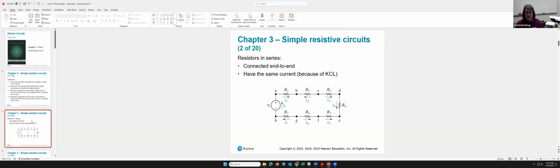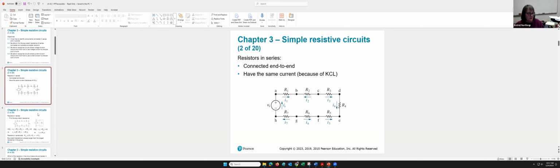So the current across each of these resistors is going to be the same. So when we talk about that, we can say that a resistor in series does not divide the current, but the resistors in series like this will divide voltage, which we'll get into in just a couple of minutes.